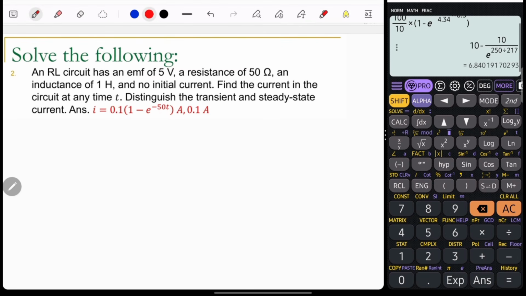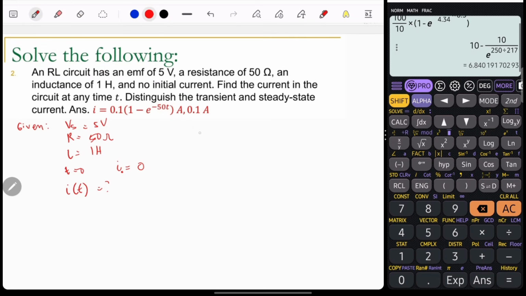Given: V sub S is 5 volts, resistance is 50 ohms, L is 1 Henry, at T equal to 0, the current is equal to 0. Find the current at any time T, so we are looking for any time T, and distinguish the transient and steady state current.